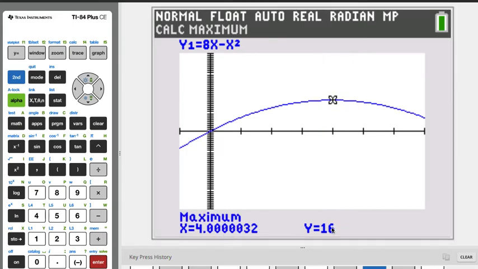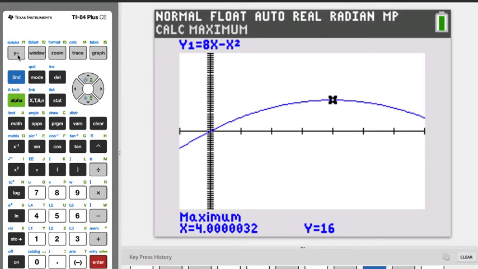Hit enter. Now, when you see this, 4.000032, this is a rounding error for your calculator. This means 4. So the max would be at 4, 16. Your maximum value would be 16, and your point there would be 4, 16. Okay, so there's your maximum, and your minimum would be at 0, 0.